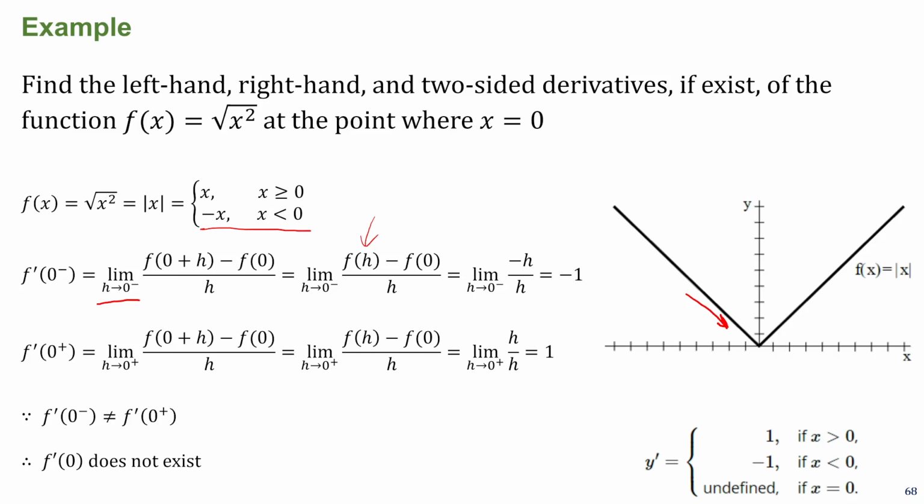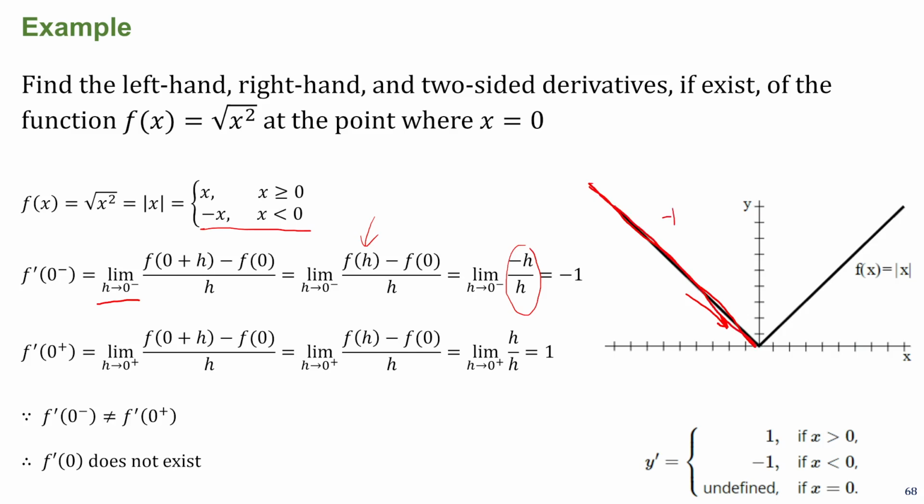So basically you want to evaluate the limit of this expression when h approaches 0 from the negative side, and that equals negative 1, right? Which means when you approach 0 from the negative side, the instantaneous rate of change, or the slope of the tangent line of this function, is negative 1, which equals the slope of this line, negative 1.